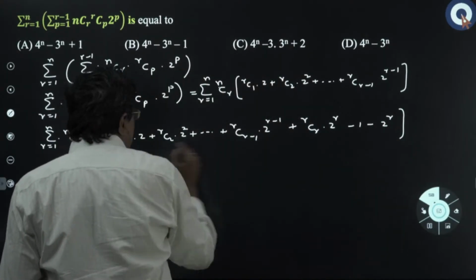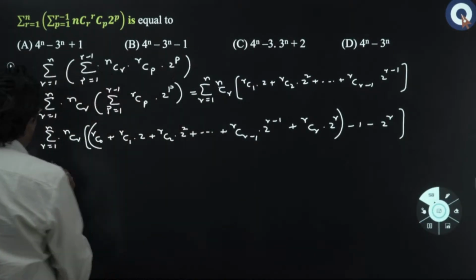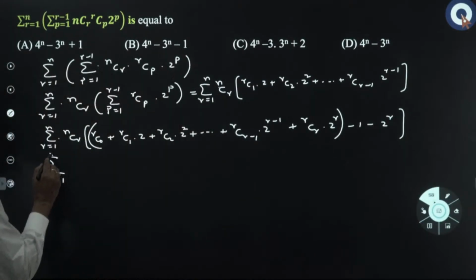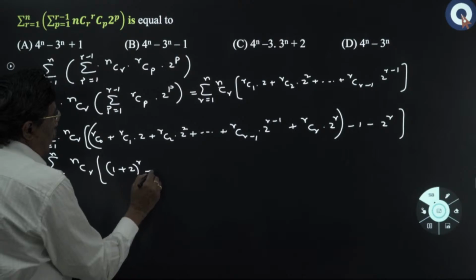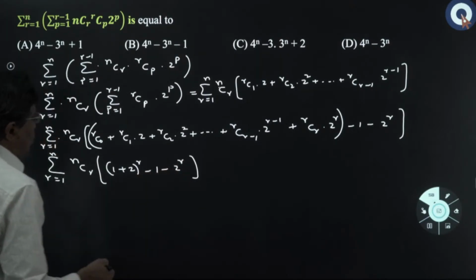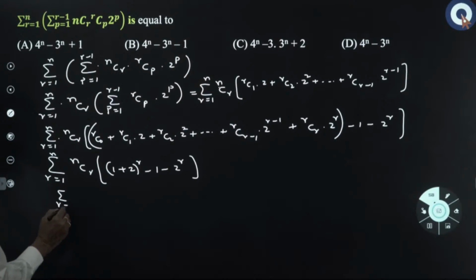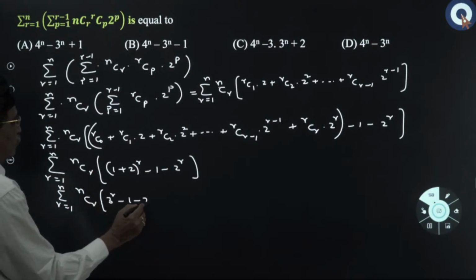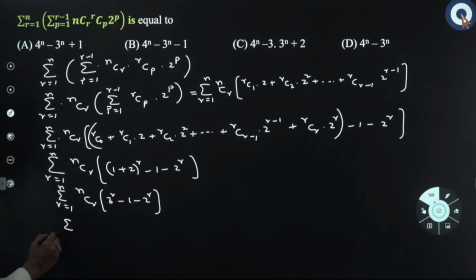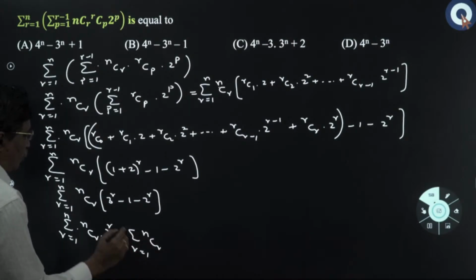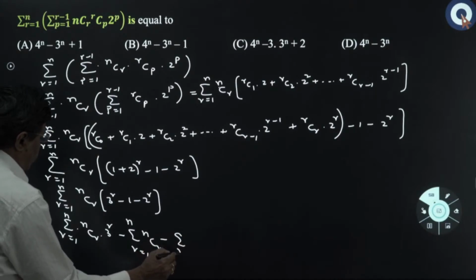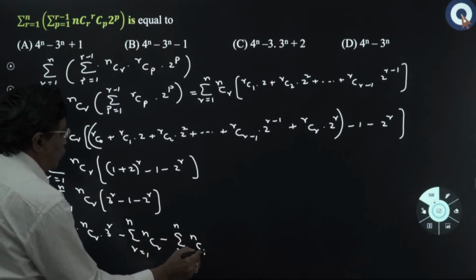So, that this becomes sigma r is equal to 1 to n, NCR into 1 plus 2 whole to the power of r minus 1 minus 2 to the power of r, which amounts to sigma r is equal to 1 to n, NCR into 3 power r minus sigma NCR minus sigma r is equal to 1 to n NCR into 2 power r.